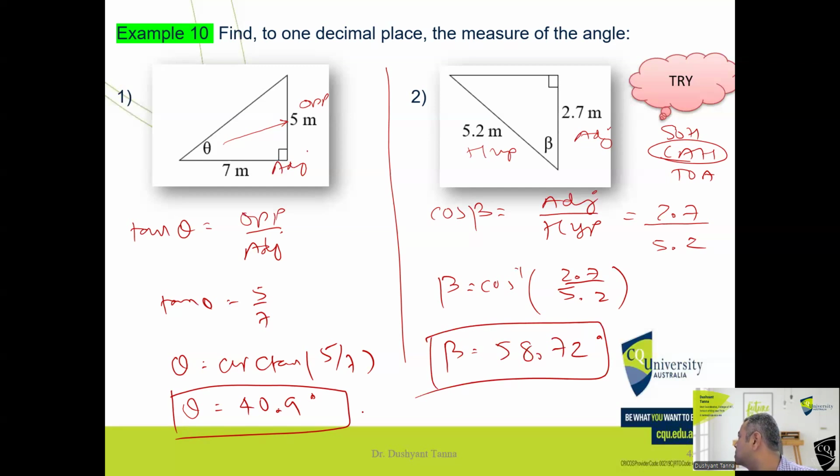That one is not right. The first one, isn't it 35.54? Arctan of 5/7, give me a second. Yeah, so theta in the first instance, arctan of 5/7, is 35.53, and the second instance is 58.72. Okay.